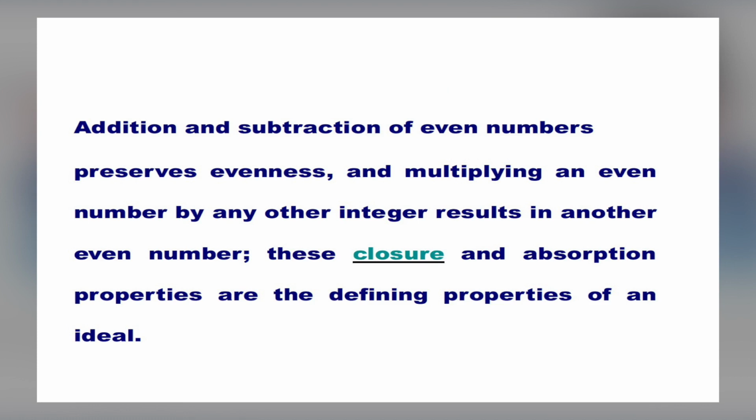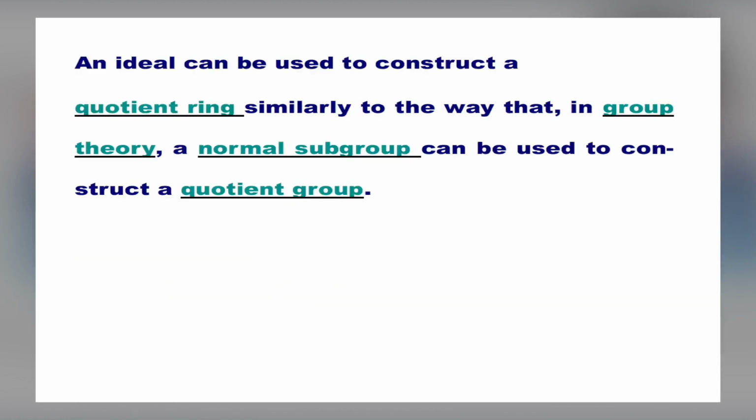Addition and subtraction of even numbers preserves evenness, and multiplying an even number by any other integer results in another even number. These closure and absorption properties are the defining properties of an ideal.